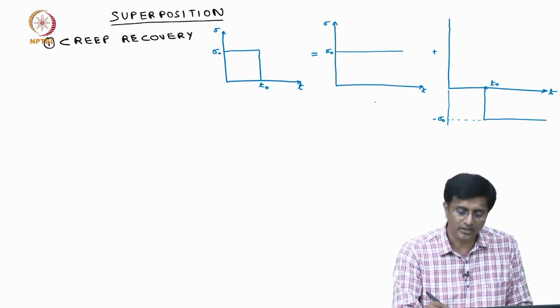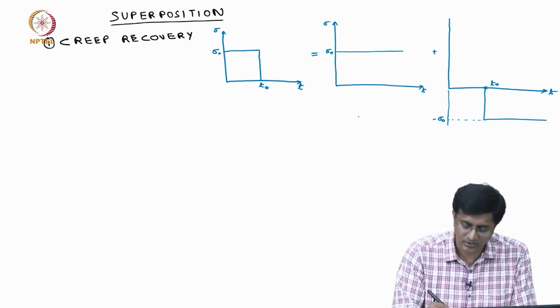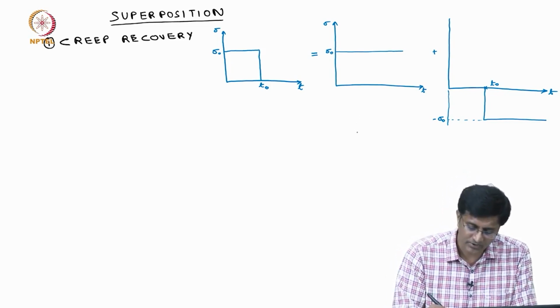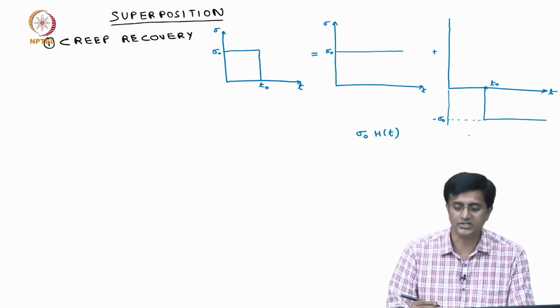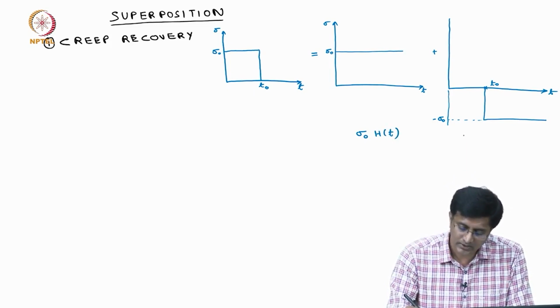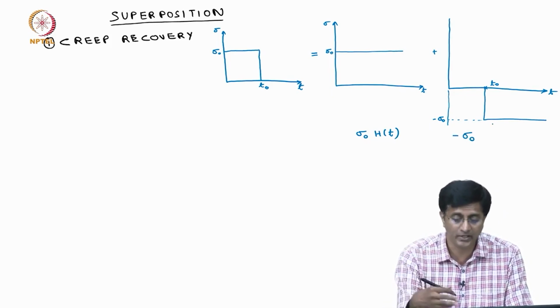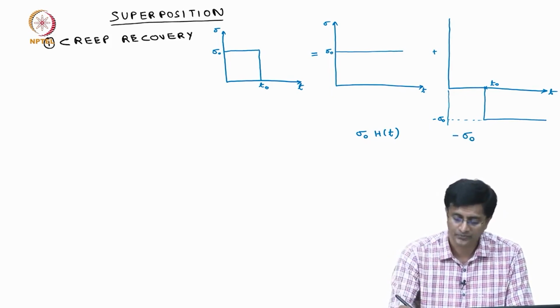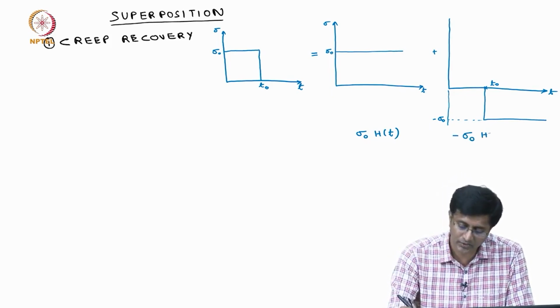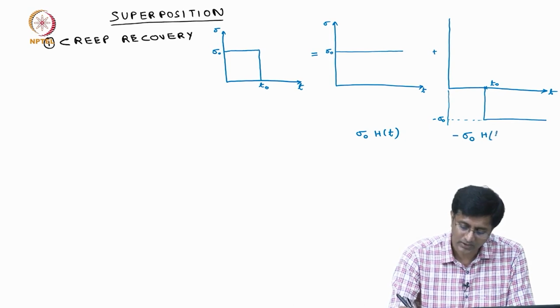So, how do we write the expression for the first step function? The first step function is simply sigma naught times h of t, and the second step function is the same magnitude sigma naught with a negative sign, because now we need it to negate the first step function. And when does the step occur? It occurs at time t naught.